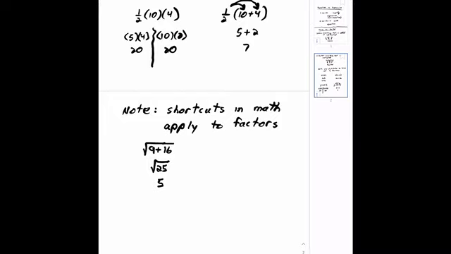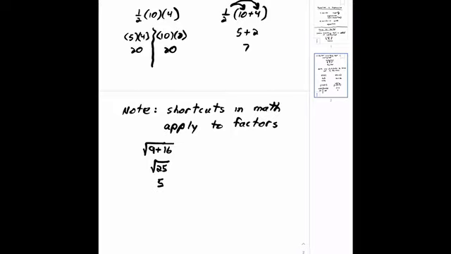The question, though, is, may you just take the square root of the 9 and the square root of 16 individually and then add them? No, you can't. Why? Because that's a shortcut. And if ever you want to take a shortcut, look for a plus or minus sign. If you see a plus or minus sign, you can't do it. Okay? Because shortcuts only apply to factors.